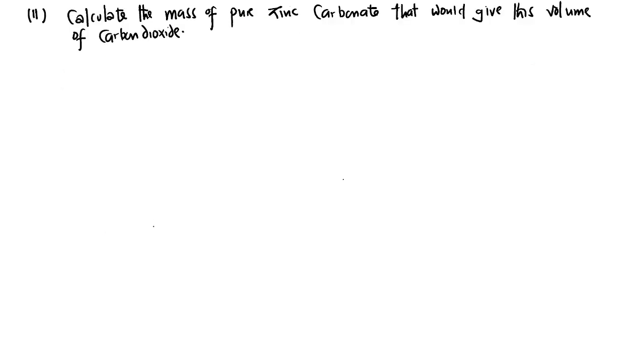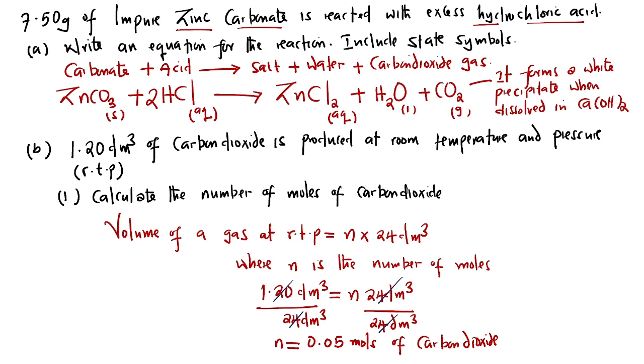The next question says, calculate the mass of pure zinc carbonate that would give this volume of carbon dioxide. First of all, we need to look at the mole ratio between carbon dioxide and zinc carbonate. As we can see here, when there is no number in front of zinc carbonate and carbon dioxide, it tells us that the mole ratio is 1:1.